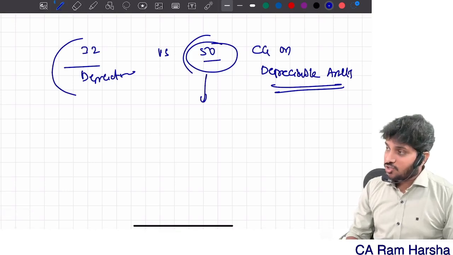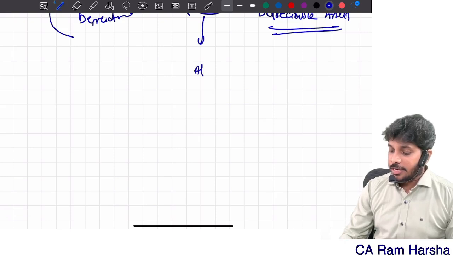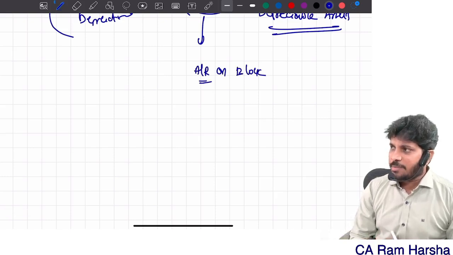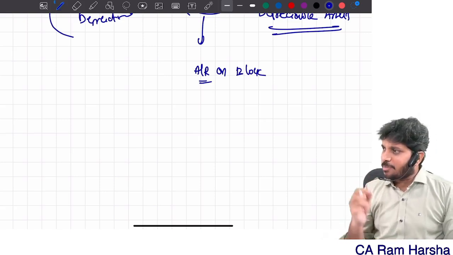What does section 50 say? If the amount received on a block, when will I get an amount on a block?